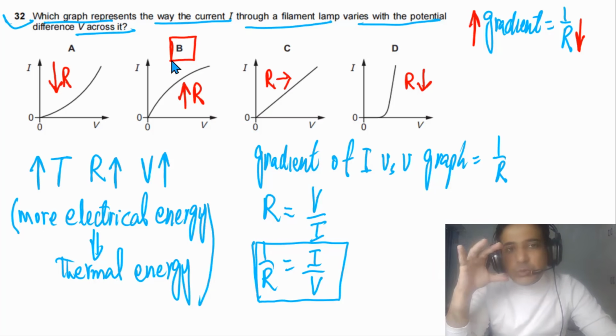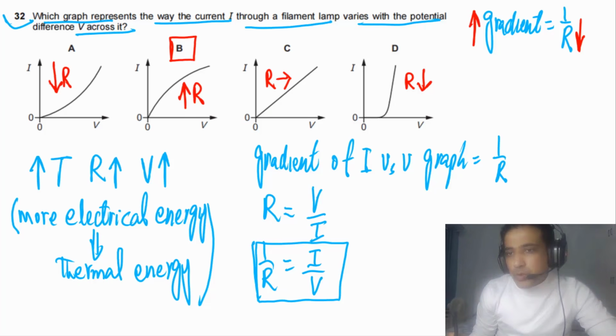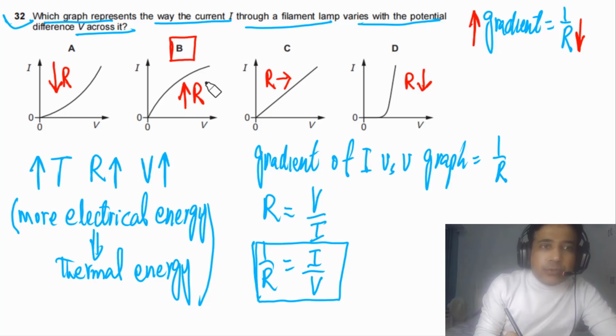But one point you need to understand is that when we calculate the resistance from an IV graph, we have to draw a secant line. If I draw the secant line, for example, from this point, I can connect here. So you have to look at the gradient of the secant line. That is the proper way.